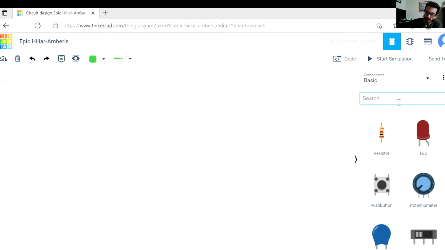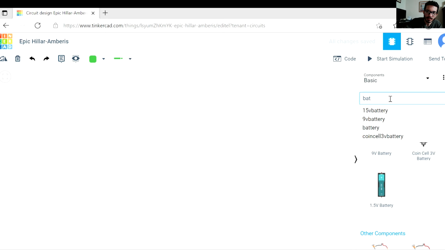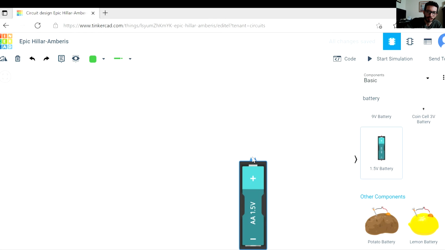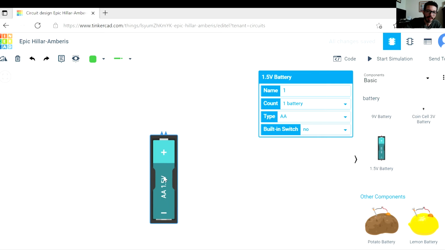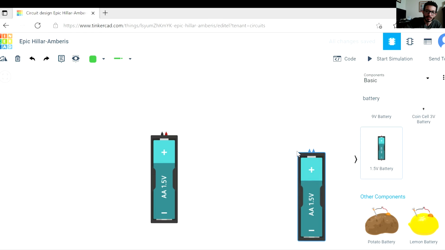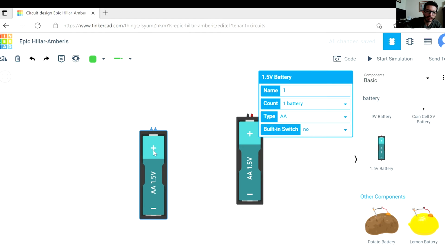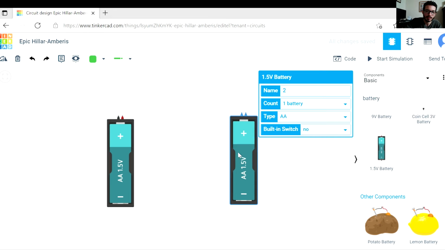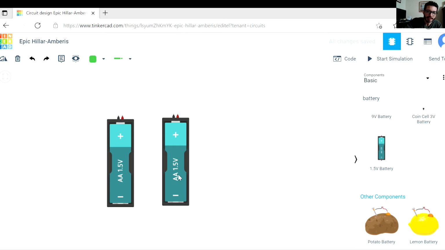So if we want to do the battery circuit, first of all, we have to log in, and you can have a 1.5 or a 9-volt battery depending on the size of the battery. We're gonna have, let's say 2, but you can have 4 or 8. It really depends. It could be any type of battery or any amount of batteries. You can have up to 12 if you want.